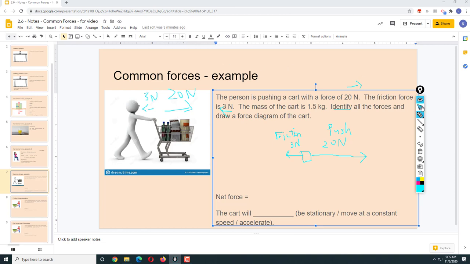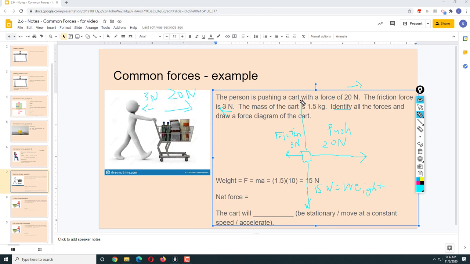Next, we know there's weight. How much is the weight? Well, weight is F equals ma, which is 1.5 kilograms times about 10 meters per second squared. So it's about 15 newtons, and that's our weight, or the force of gravity.